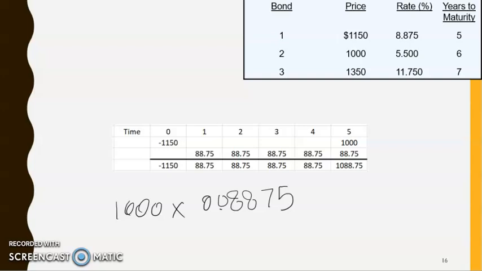So the total cash flow would be minus 1,150 now, then for years 1 to 4 it would be 88.75, and finally for year 5 you will get 1,088.75. Feel free to ask if you have any questions regarding the details of these calculations.